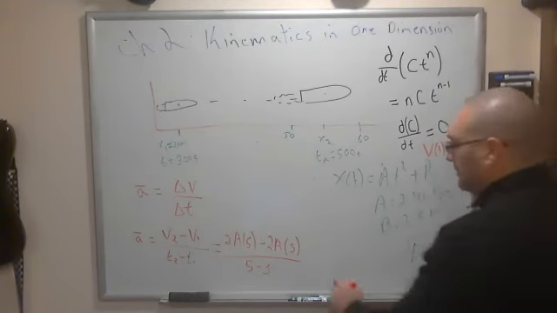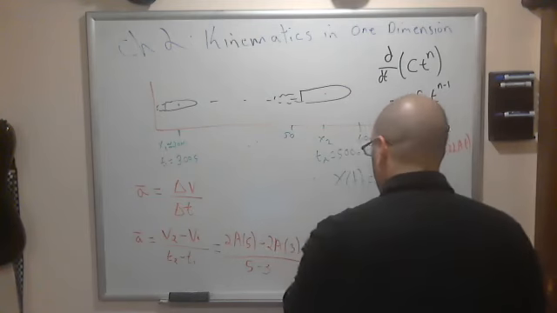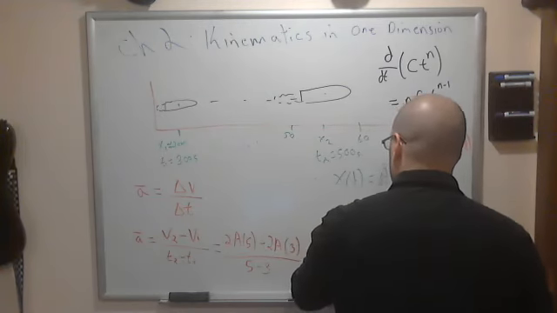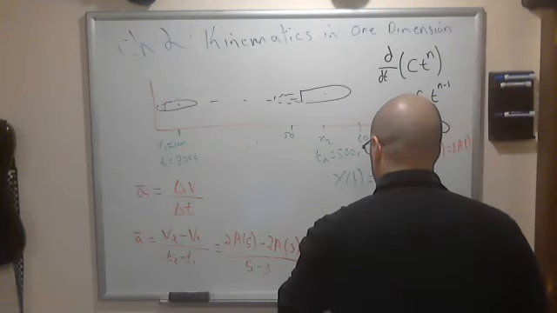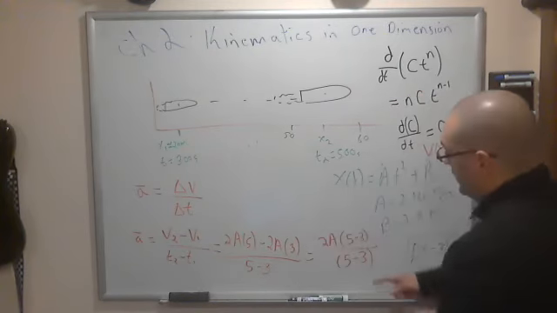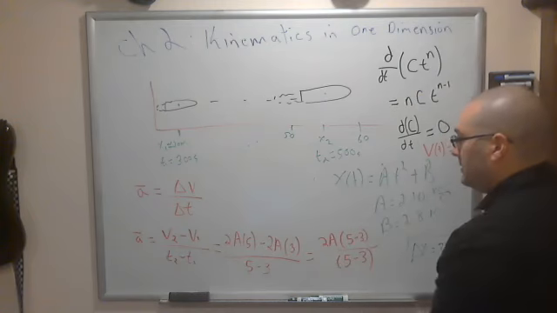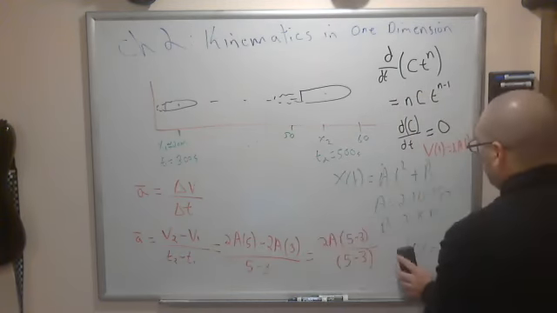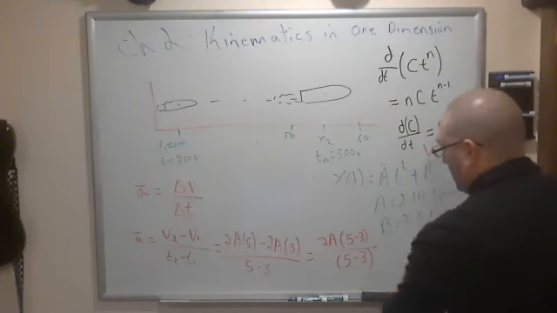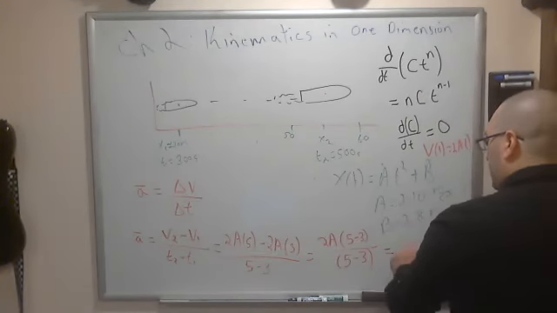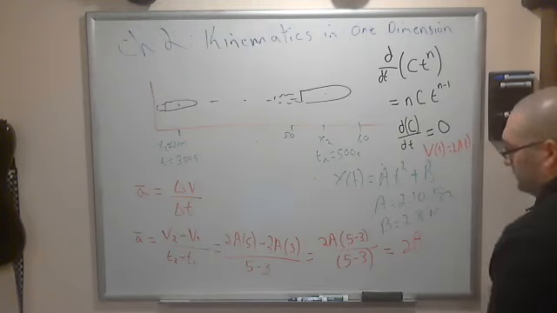Now, we'll see what happens. We can pull out the a's from both of these. So then in the end, the acceleration is equal to just 2a.